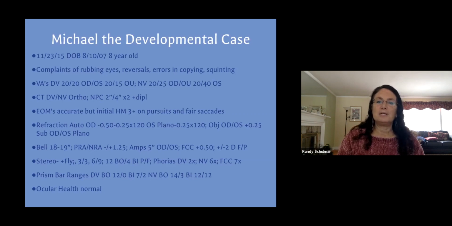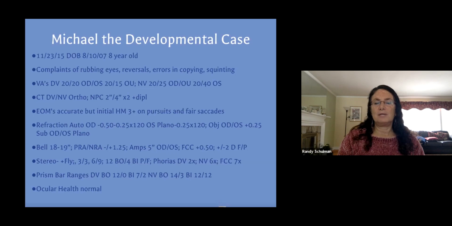You can also see that I do Bell or some form of near retinoscopy, and there was a little bit of a lead, but then his NRA and PRA were reduced. Amplitudes were reduced, he was taking a plus 50 on the FCC, but he was also failing plus and minus flippers. Had decent stereo, but not great, failed the base-in flippers, and showing mild exo at distance and near.